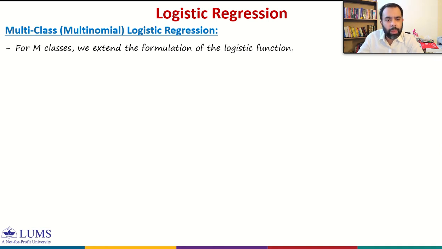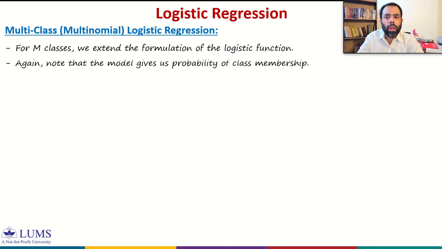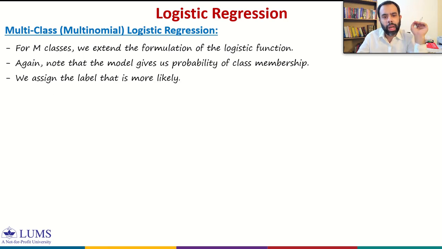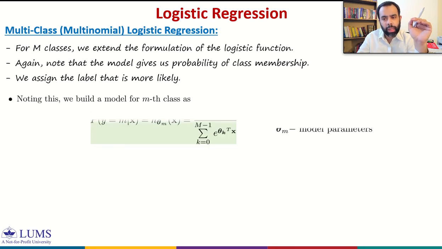Okay, for m classes, we extend the formulation of the logistic function. We again note that the model gives us the probability of class membership and we assign the label that is more likely. So noting this, we build a model for the mth class for multi-class logistic regression as this.